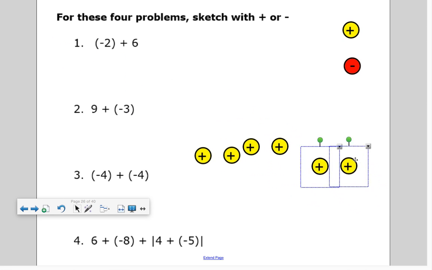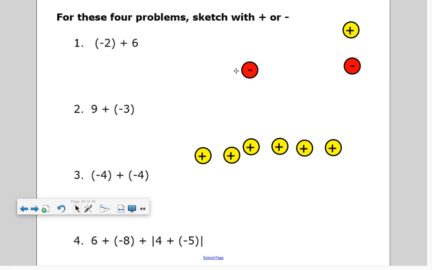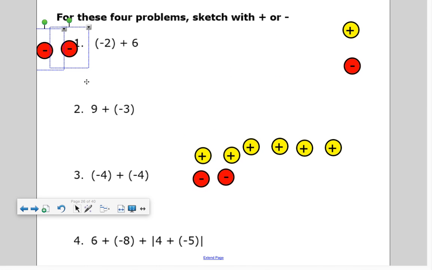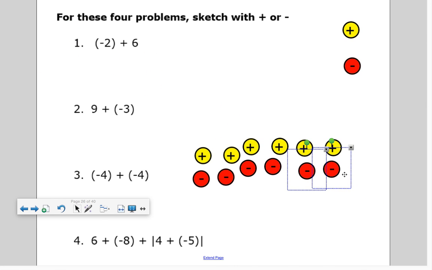I'm going to put it together with 8 negatives. 1, 2, copy, paste. What do you have so far? All these are 0 pairs, so we're left with -2 so far.